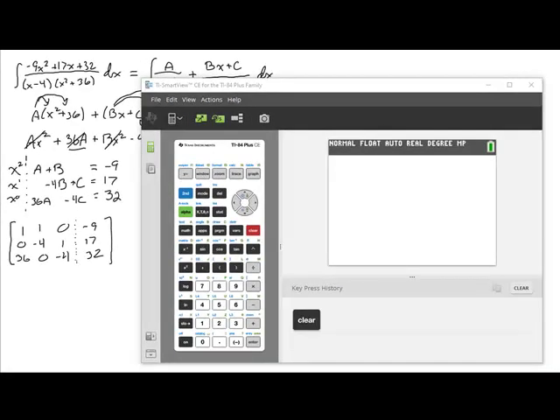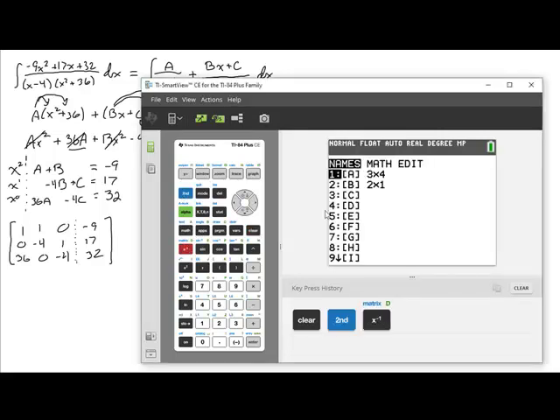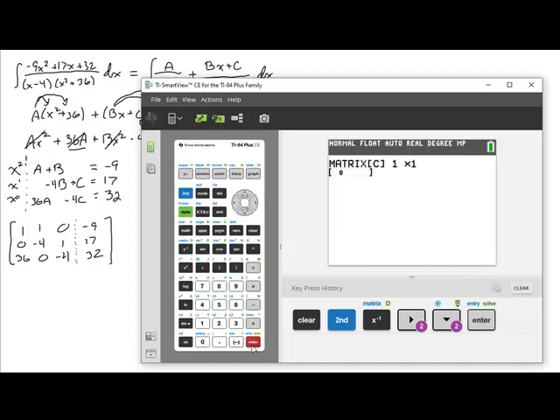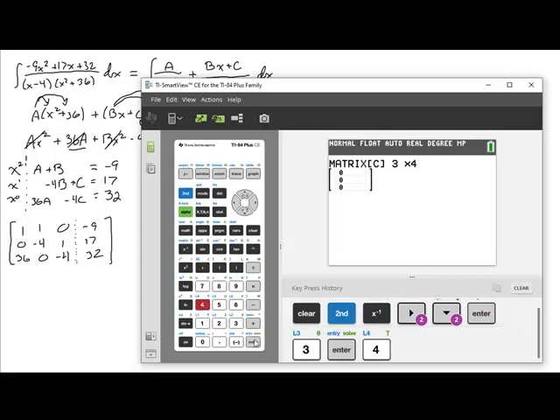So here's my graphing calculator, and we're going to do a matrix. You can see matrix is right here. So we will do second matrix, and we're going to want to edit a matrix. I'm going to do a fresh one just so you can see what it will look like the first time you do it. We're doing a 3 by 4. And you can see there's my entries.